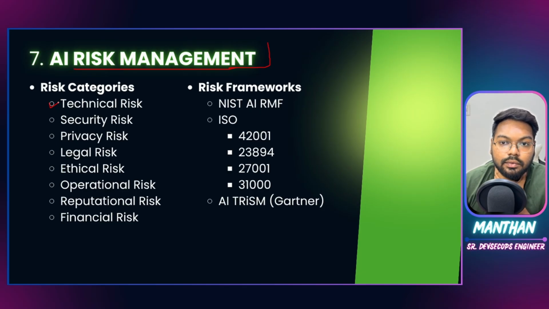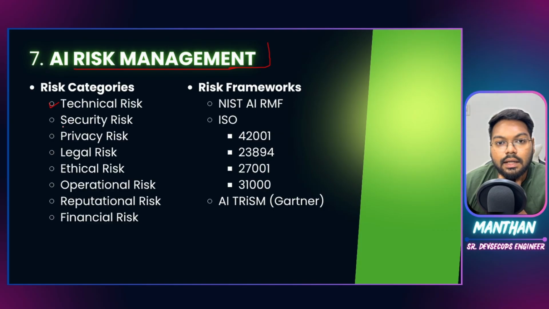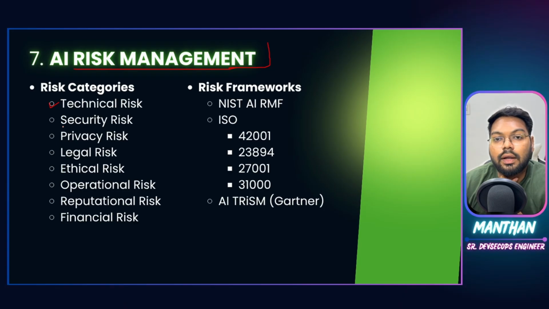So technical risks are there for your application and for other people's applications as well. Now AI is stealing a lot of technical data, as you might have seen, and then it is replicating that particular product. So that is a technical risk for AIs as well.